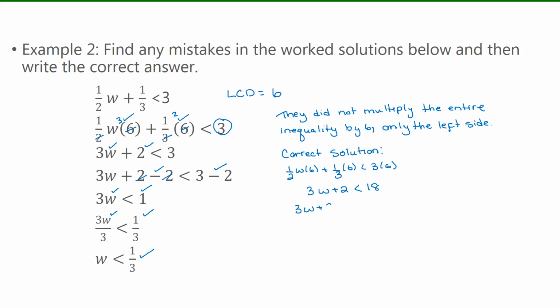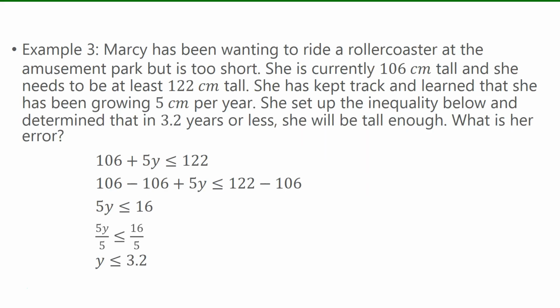So now I'll subtract 2 from both sides. Get 3w is less than 16. Dividing by 3 now, I see that 3 can't go into 16 and it can't reduce, so I'll leave it as w is less than 16 over 3.